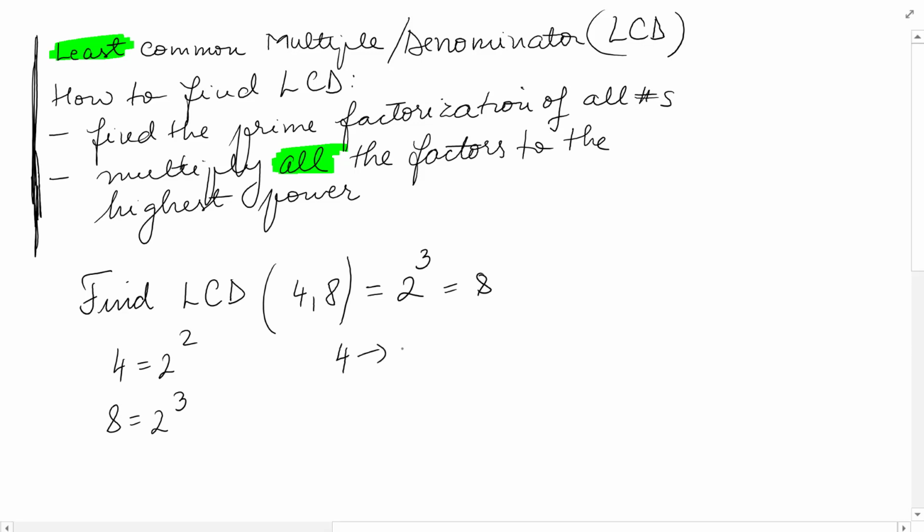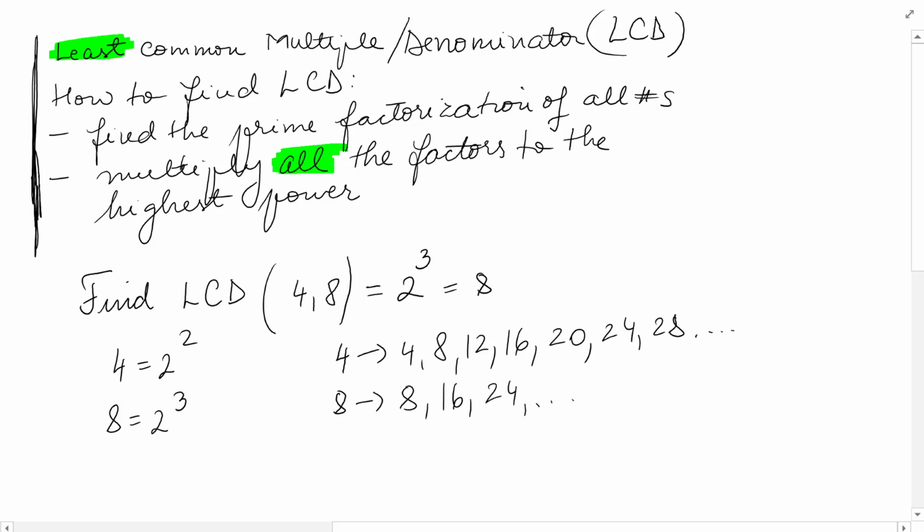The multiples of 4 are 4, 8, 12, 16, 20, 24, 28, and so on. The multiples of 8 are 8, 16, 24, and so on. So as you can notice, 8, it's a multiple, 16, it's a multiple, 24, it's a multiple, but out of all of them, we choose the least one, right, which is 8.